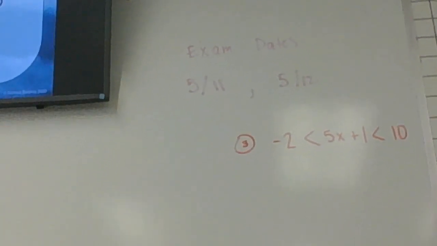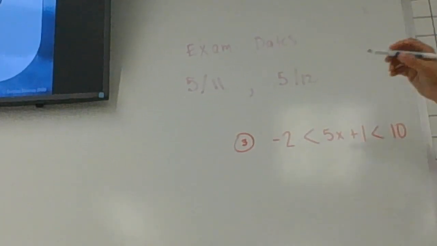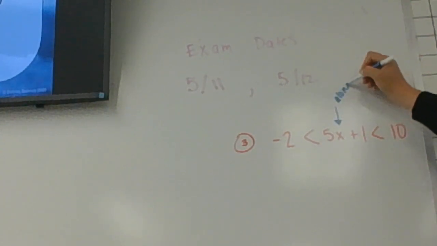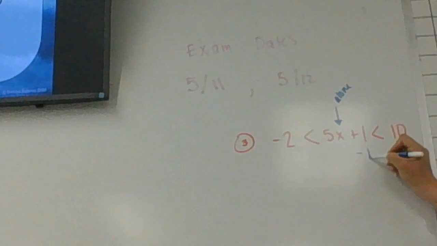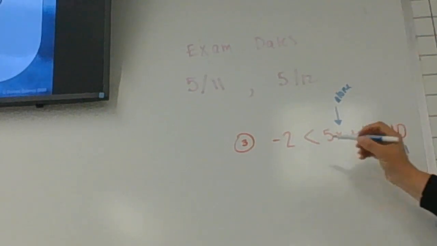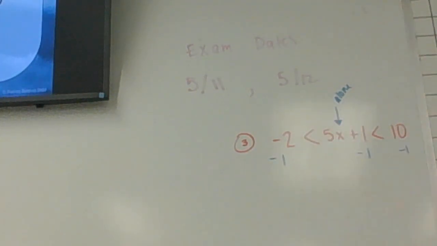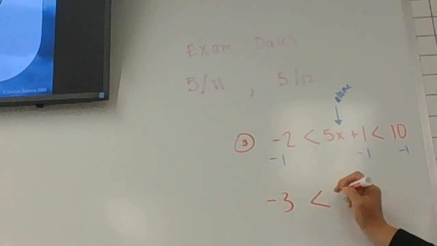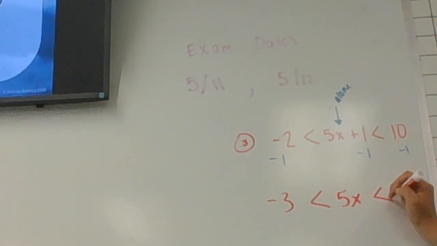So first I'm focused on this x right here. I want the x to be alone. So I'm going to first subtract 1. It's a 3-part, so you have to do it to all 3 parts. So that'll be negative 3 less than 5x less than 9.